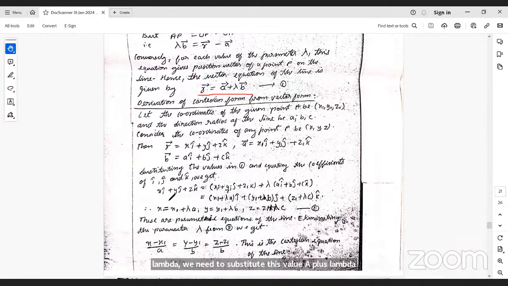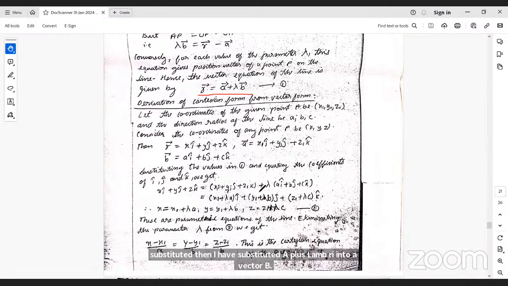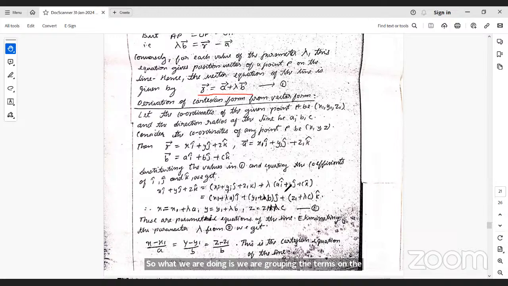So I have substituted R, and A plus lambda into vector B. We are grouping the terms on the LHS. It will be x1 plus lambda a times i cap, taking i component common. In the first term we have x1, in the second term it will be lambda into a.